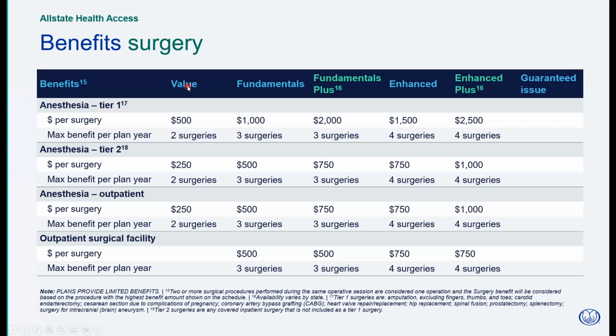The value plan does not have outpatient surgical facility coverage. As far as the other plans are concerned, it is per surgery. The benefit ranges from $500 to $750. The maximum benefit per plan year ranges from 3 surgeries to 4 surgeries, depending if you choose one of the 4 levels that are above here.